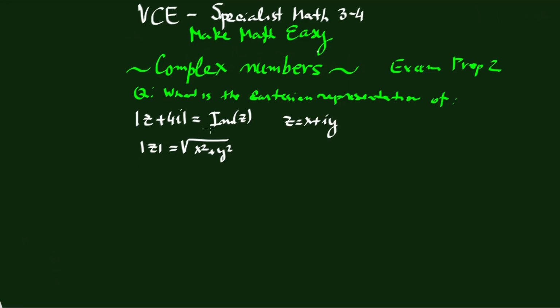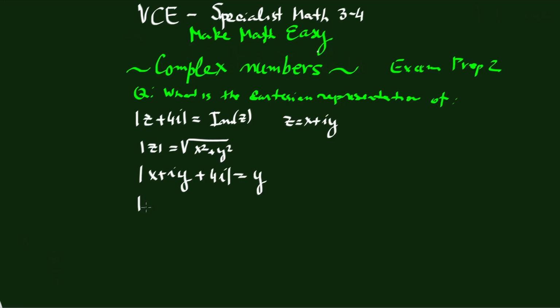So if you use that, you get the formula. So what do we say? Absolute value of x plus iy plus 4i, where the imaginary part of z is y.